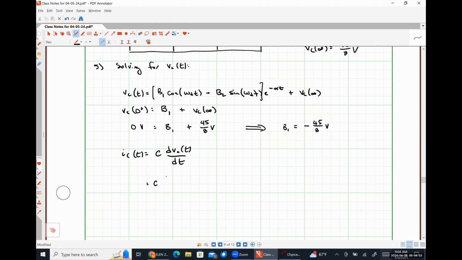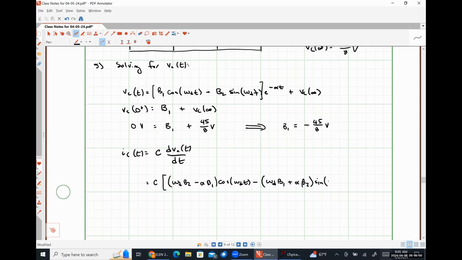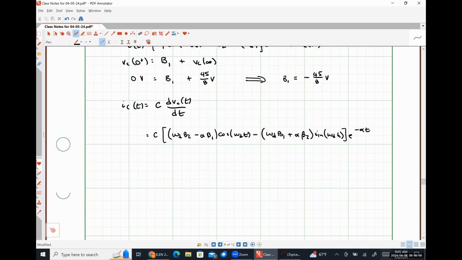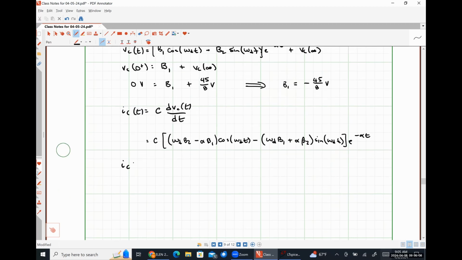So that's going to be C times, and this is just coming straight from the table, omega d B2 minus alpha B1 cosine omega dt, minus omega d B1 plus alpha B2 sine omega dt, times e to the negative alpha t, at t is equal to 0 plus.